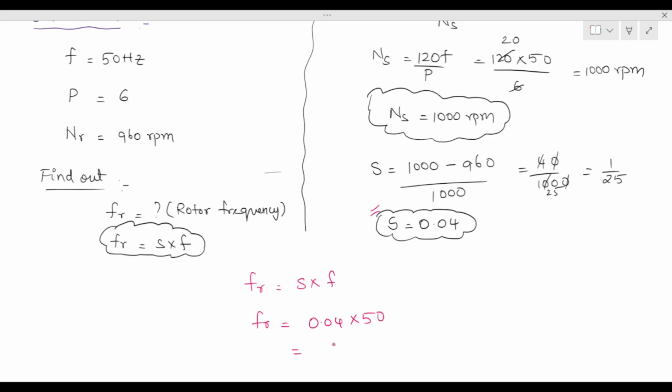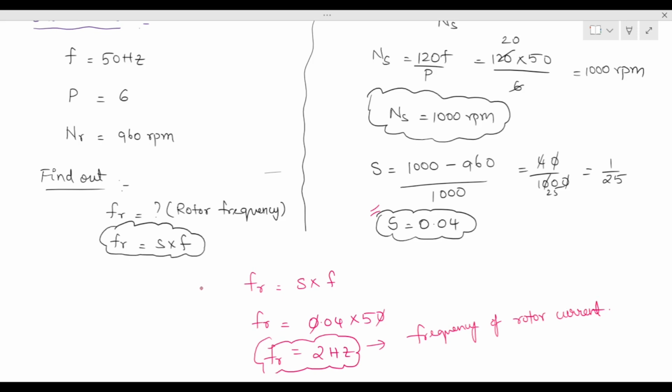The zeros cancel, and 5 fours are 20, so it is 2.0. That means Fr is equal to 2 Hz. This is the frequency of the rotor current.